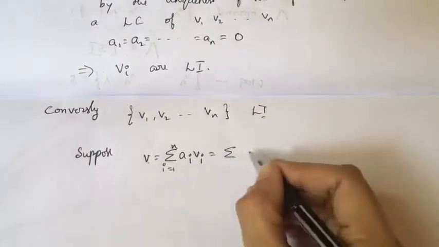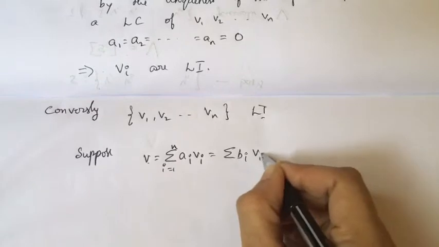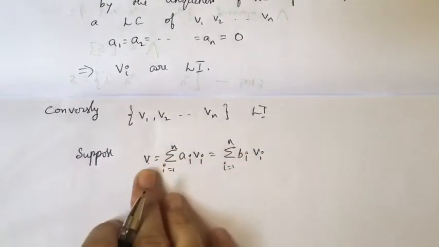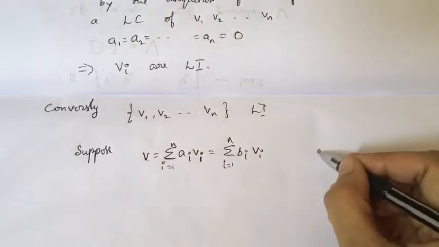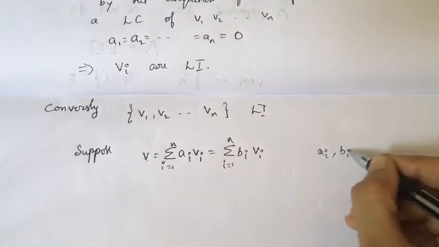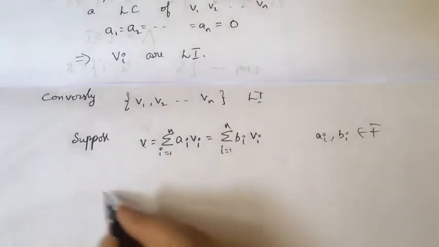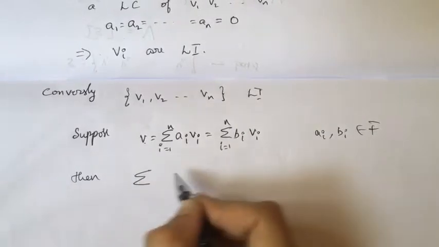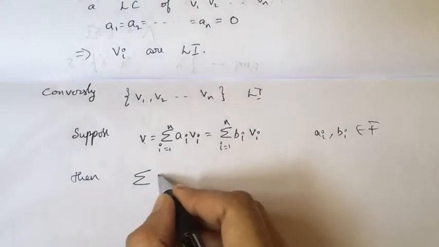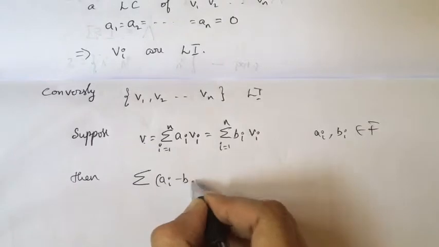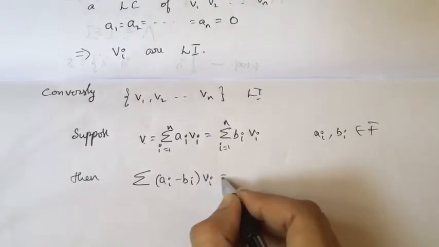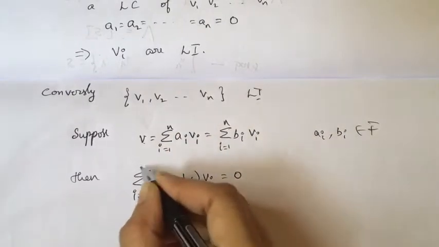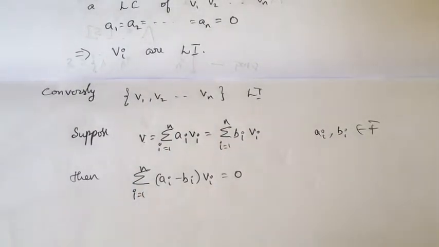Say this is one more linear combination for the vector, where remember these ai and bi are from the field. Then I can write summation (ai minus bi) into vi equal to 0. Since they are equal, their linear combination is equal to 0.